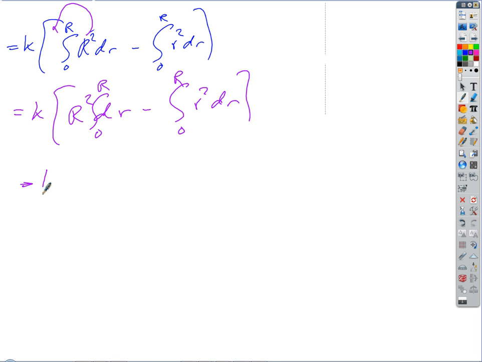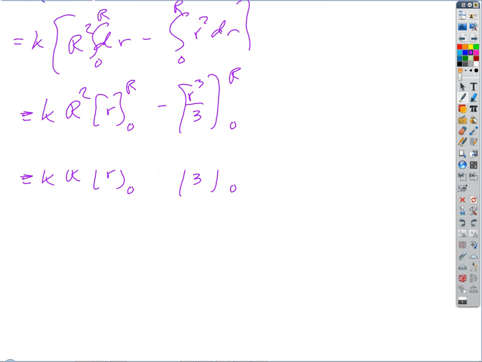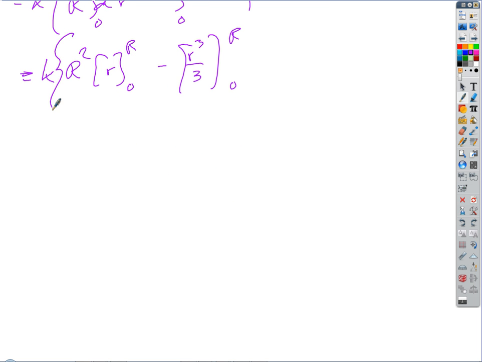Right, so this one just becomes k times big R squared times little r from 0 to R, minus, what's the antiderivative of little r squared? Little r cubed over 3, right, from 0 to big R. And it's k times the whole thing.